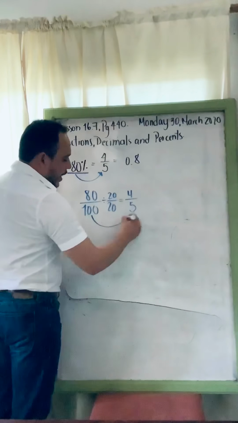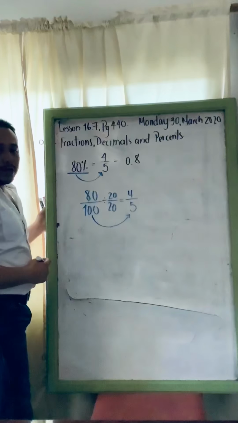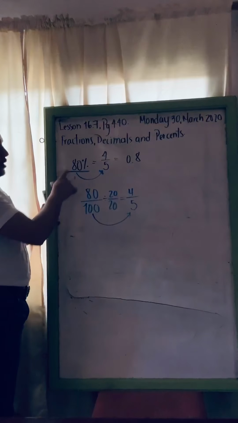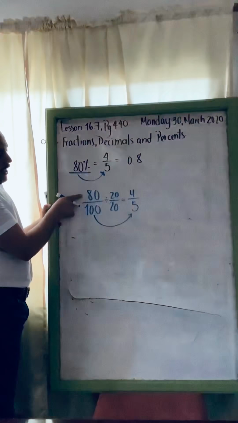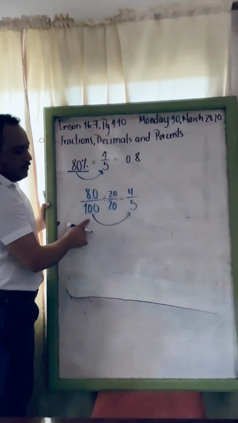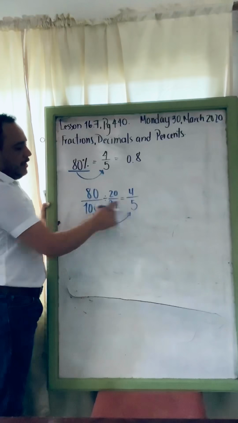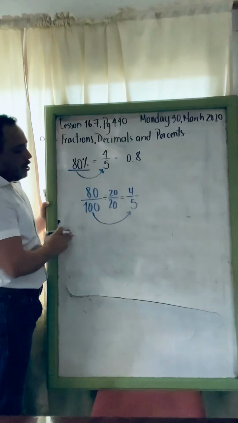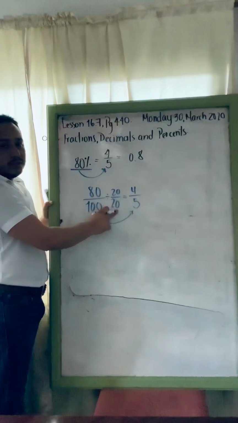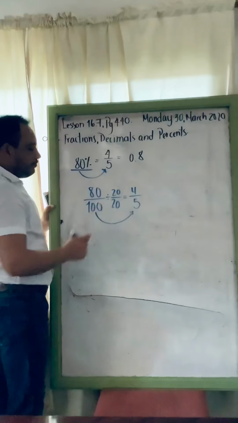So we know that now these two fractions are equivalent, and this is what we have as a result. So 80% is 80 parts of 100, and then 80 hundredths must be simplified to get to the final answer, 4/5. You know how to find this number with the greatest common factor, right?